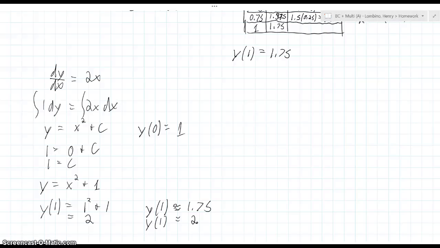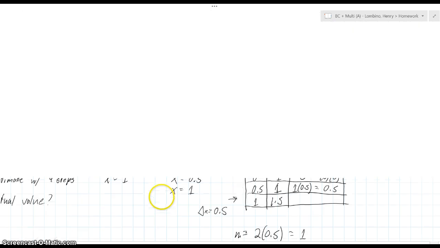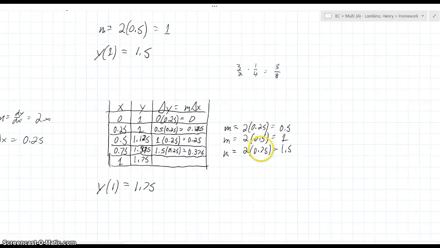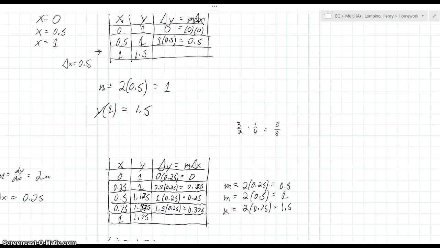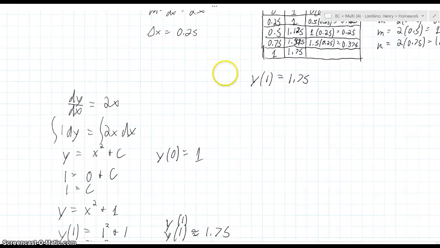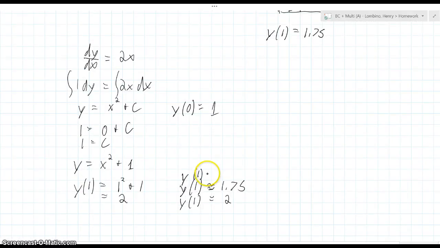If you remember even further ago, we had our answer up here. When we estimated using just 2 steps, we had y of 1 equals 1.5.